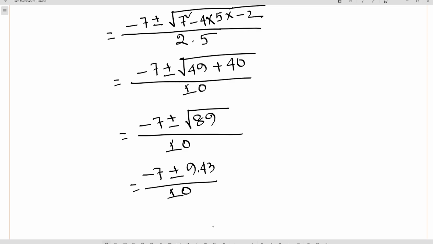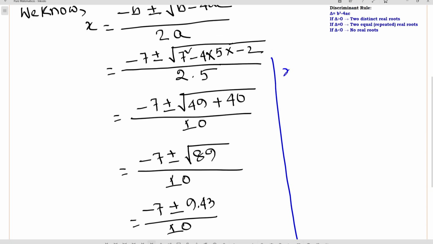So here are two values, one positive and one negative, because there is plus and minus. Let's see, what about x if positive? x equals minus 7 plus 9.43 divide 10.